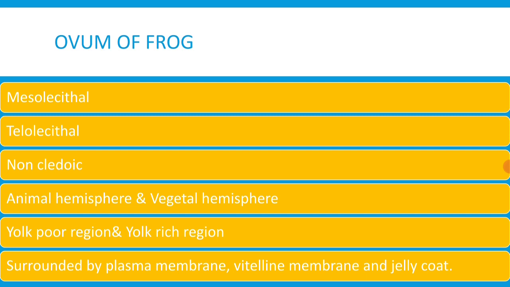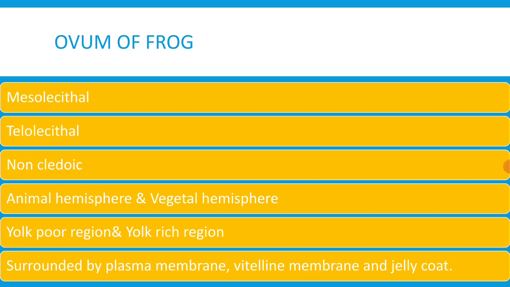Whereas here there is a probability of desiccation of the embryo if it is laid on the land. So in order to prevent the desiccation of the embryo that is developing inside the non-cleidoic egg, the frogs lay eggs in the water region, that means water bodies. Whatever may be, the fertilization itself is taking place in the water. As a result, eggs are formed in the water and they are also being hatched in the water.